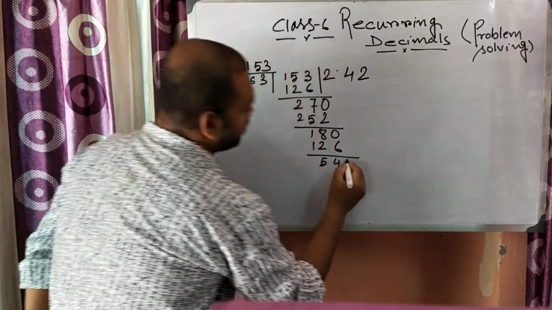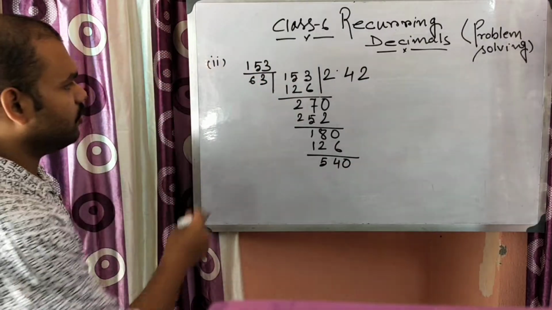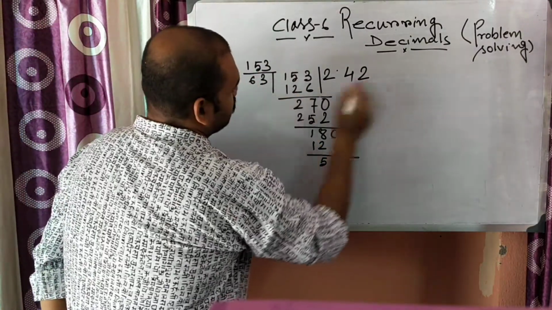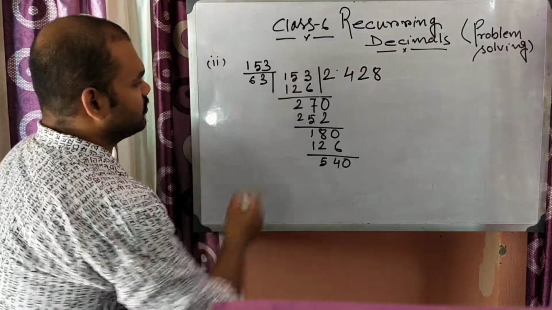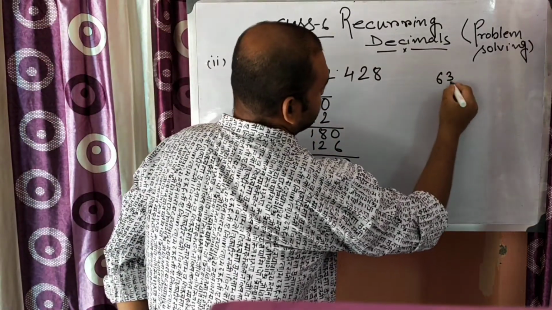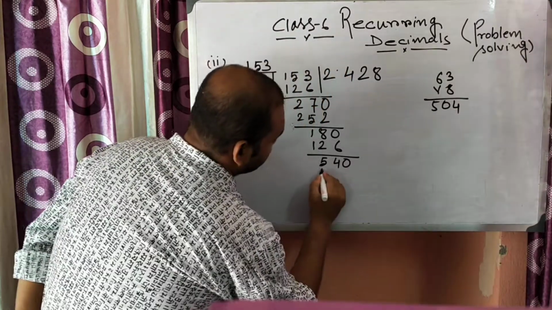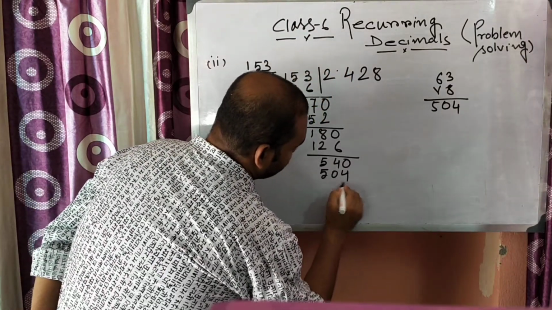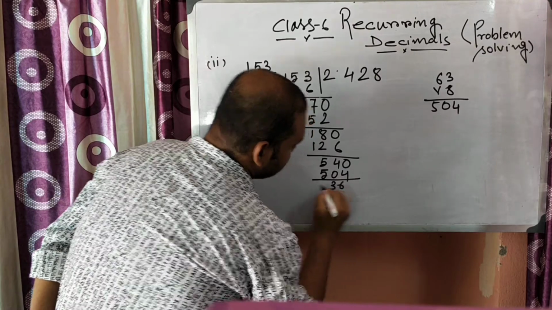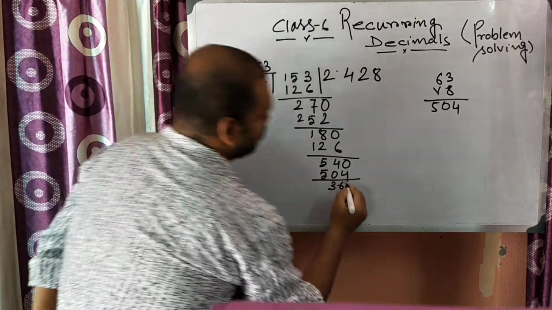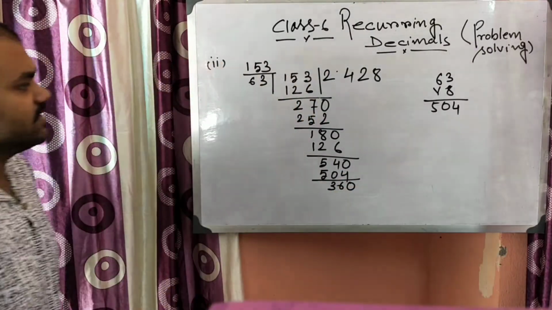So for the point again put 0. Now make it 8. So 63 into 8 is 504, so we can write 504. Next 36 remainder. So for the point bring 1 0 here.